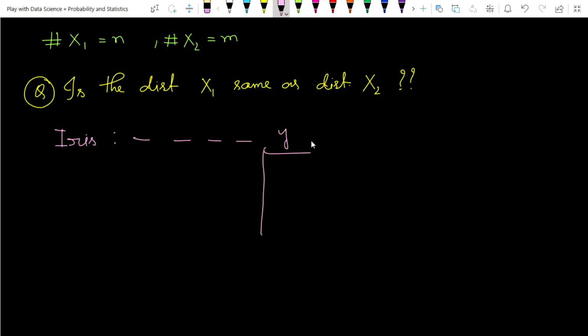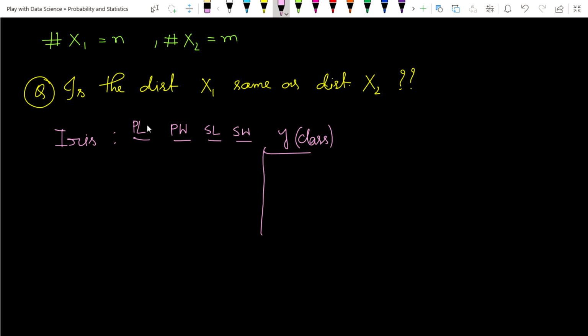The four parameters are petal length, petal width, sepal length, and sepal width, and we have the corresponding output. We have already seen this at the start of this lecture.